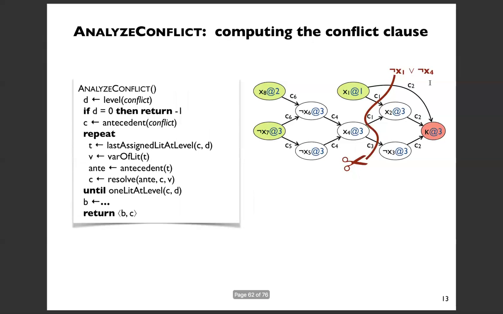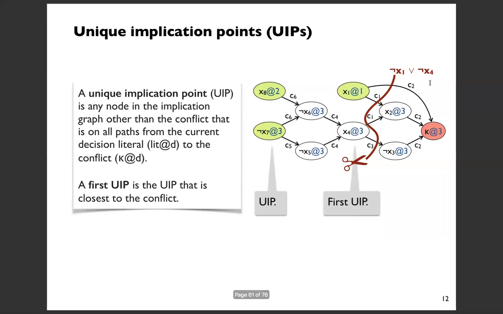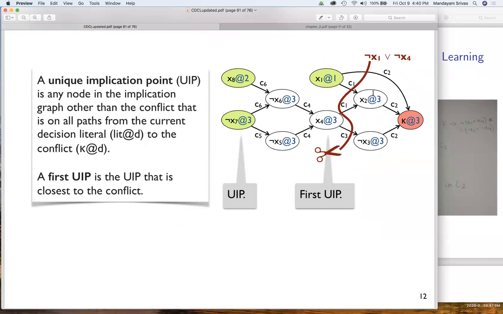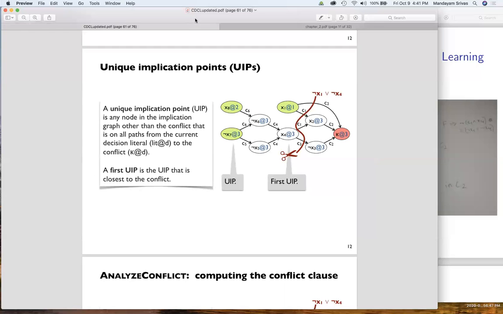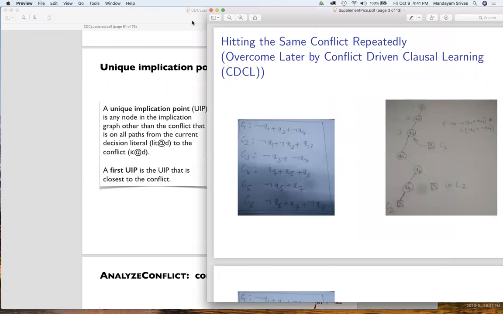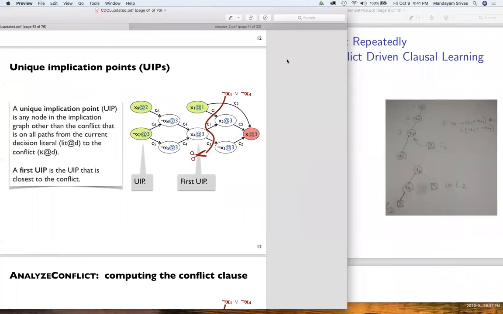Yeah, so that is the reason. Here I will go back to explaining why choosing a conflict clause that has a unique implication point as part of it is better than the other option.